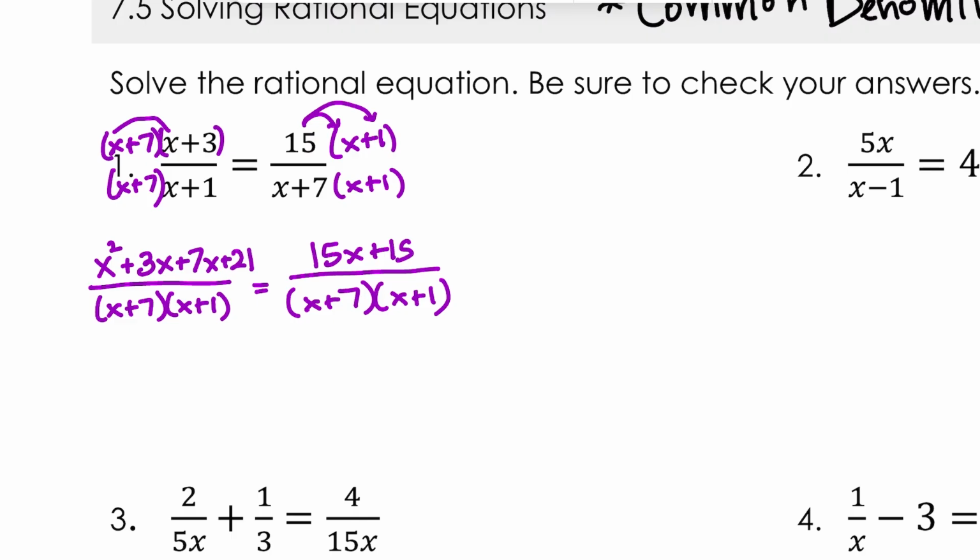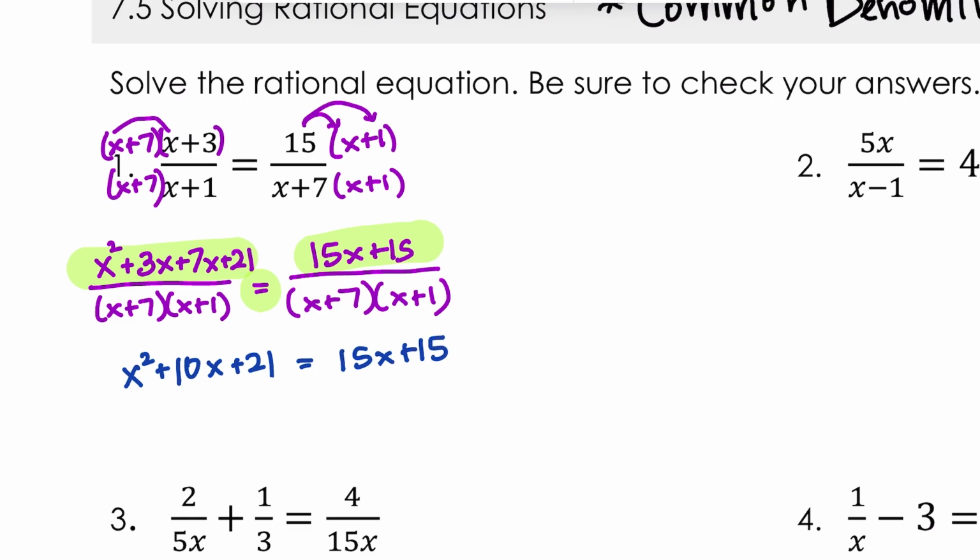And once I have this set up with common denominators on both sides, I want to have this numerator equals this numerator, and then solve that equation. So I have on the left here, just simplifying a little bit as I go, x squared plus 10x plus 21 equals 15x plus 15.